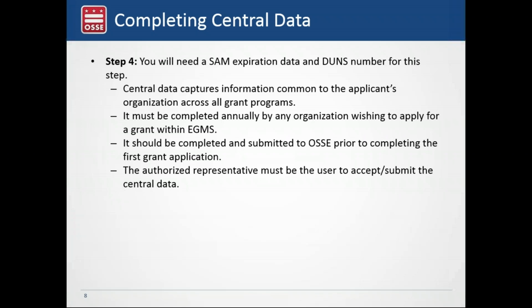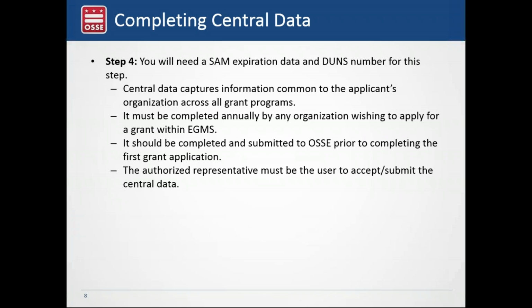We want it to be completed and submitted to OSSI prior to your grant application. You really have to agree to the assurances in central data. The rest of it you do not have to do before you submit a grant application, but I would just save yourself a step and do it anyway, especially if you already have a SAM expiration date and a DUNS number.